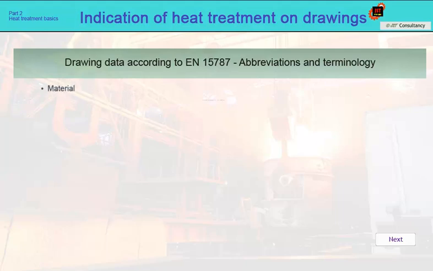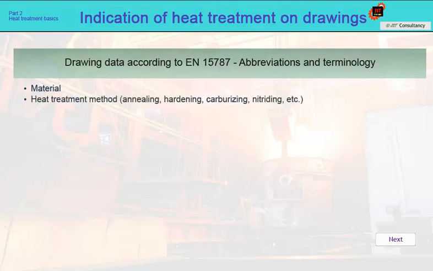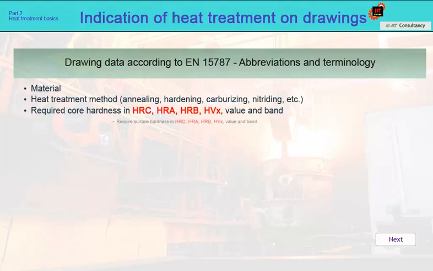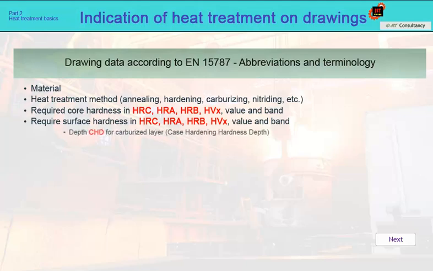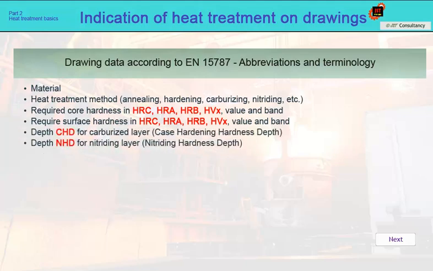Material: heat treatment method described in words, for example, annealing, hardening, carburizing, nitriding, etc. Required core hardness, value and band. Required surface hardness, value and band. CHD, depth for case-hardened layers. NHD, depth for nitriding layers.